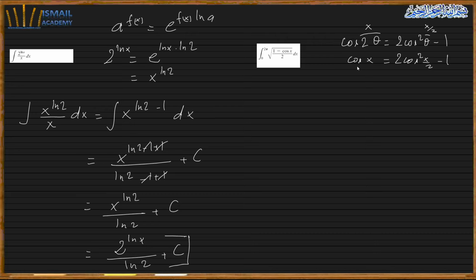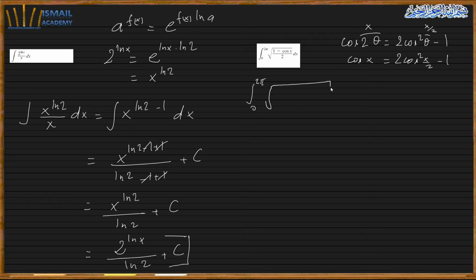And this is what I'm going to use here, because I have cosine x, I change it to this form. I didn't substitute here, so I will not change the boundary, because I just use the formula to transform cosine x to an equal expression. I didn't do substitution here. So the bounds stay 0 to pi.